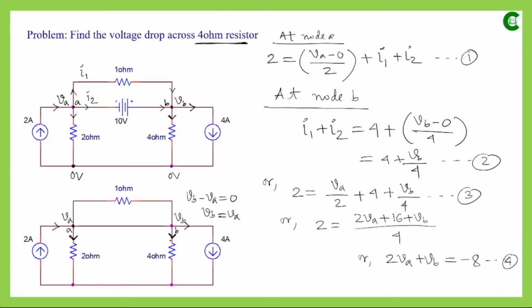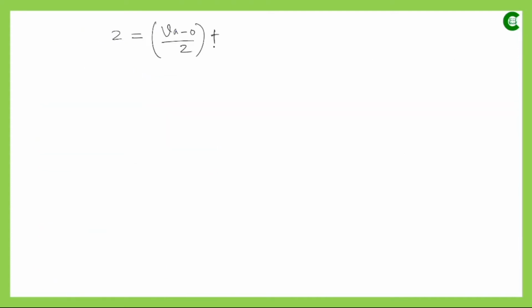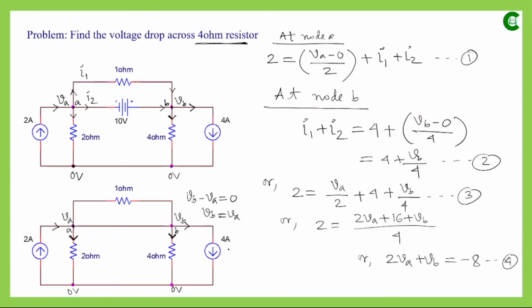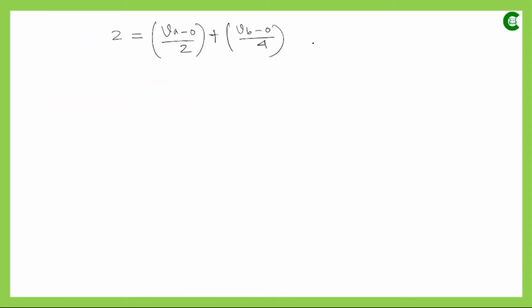For this resistor it will be VB minus 0, these are reference nodes, so VB minus 0 divided by 4, and then the current value through this current source, which is again leaving, will be 4. So if we simplify this equation, it will be VA by 2, then VB by 4, and then plus 4.